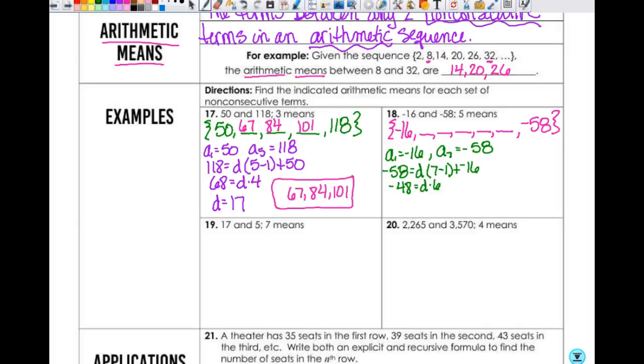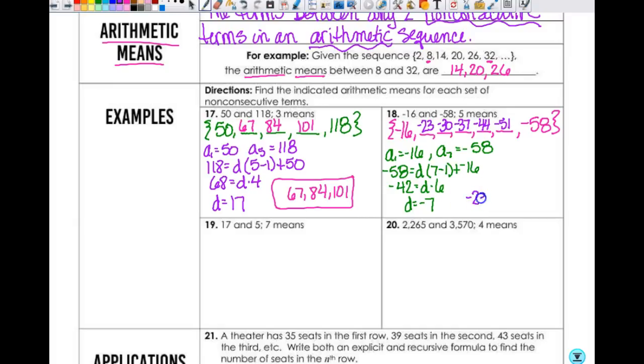And then, not negative 48, good Lord. Negative 42 equals D times 6. So D is equal to negative 7. Since that is the case, then I take negative 16, subtract 7, I get negative 23, subtract 7, negative 30, subtract 7, negative 37, subtract 7, negative 44, subtract 7, negative 51, subtract 7, oh look, negative 58.